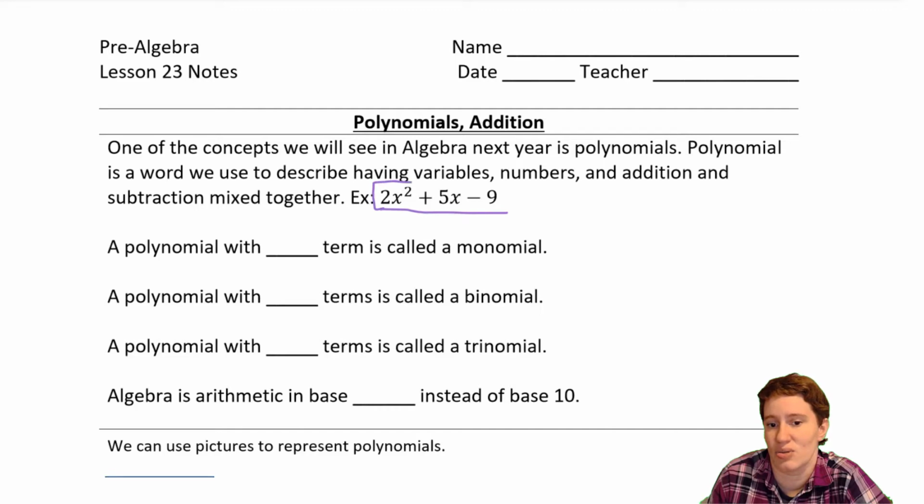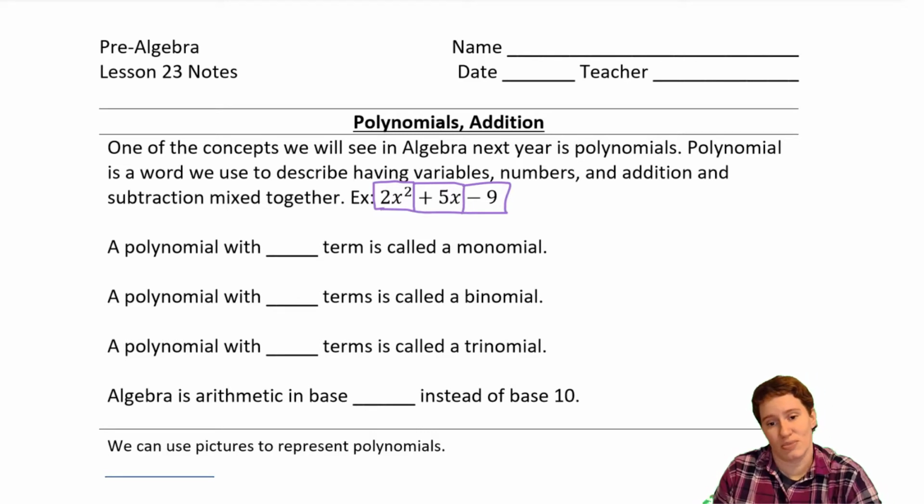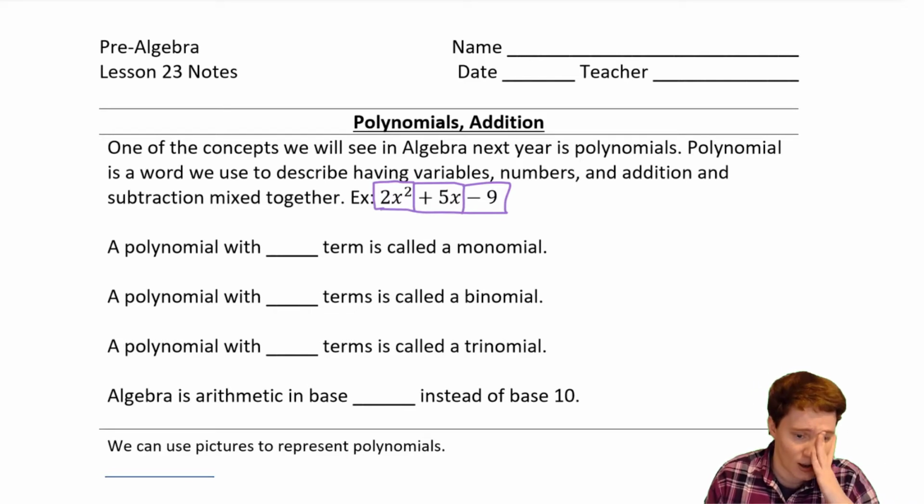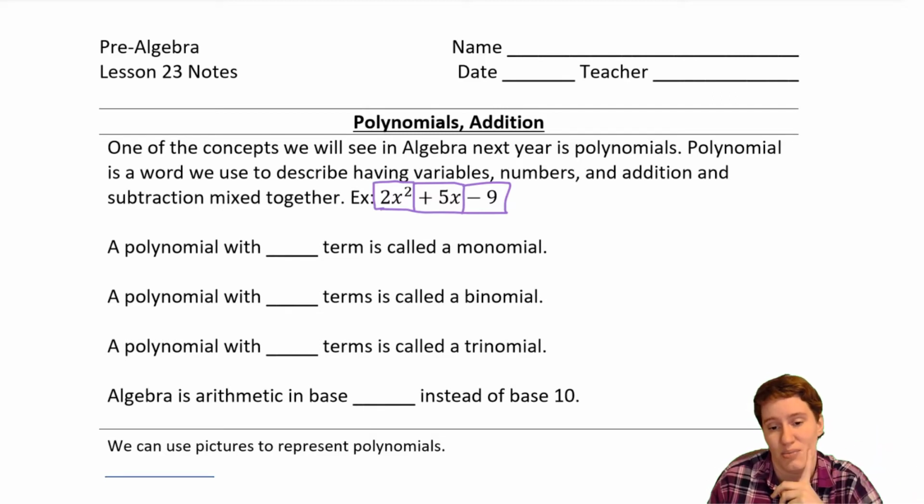I have a 2x squared, a plus 5x, and a minus 9. That's how we would break it up into what we call terms, because each of those things affects what we've got going on differently. Having 2x squared, if x is really a number, then we'd have to square it and times it by 2. That is kind of a unit together. It's kind of weird to try to explain it right now in pre-algebra, but polynomials are something that we end up being fascinated by in algebra.